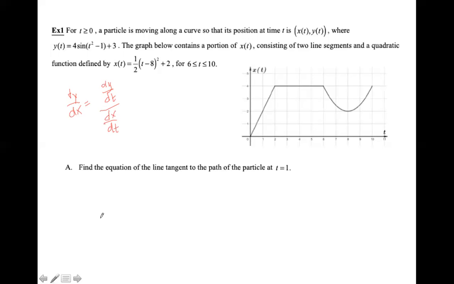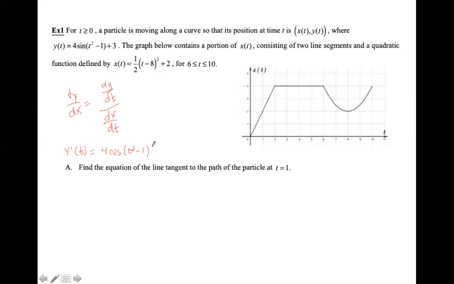So we're going to need a couple of things. One thing is the derivative of y, which is given as y of t equals 4 sine of t squared minus 1 plus 3. So y prime of t is equal to, if I take the derivative of sine, I get cosine, so 4 cosine of t squared minus 1.